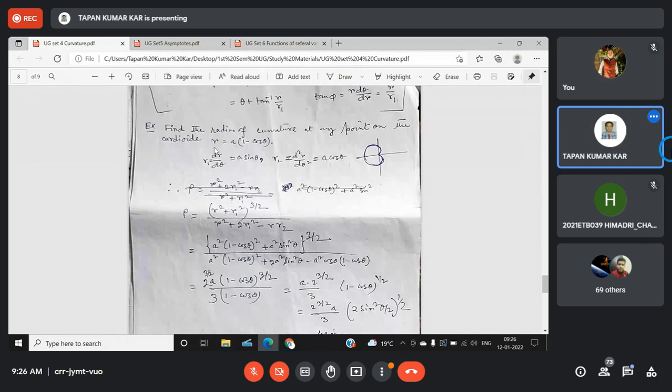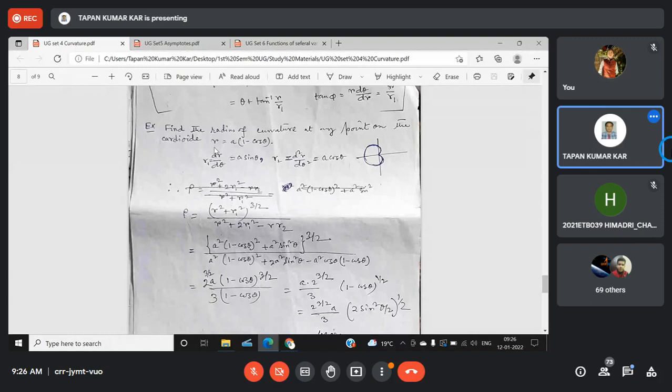Because we are not tracing the curve, there is some method of tracing the curve from which you can draw the curve like this. But I have just given here the cardioid. It looks like this. Anyway, the curve is given in polar coordinates. The equation of the curve is given in polar coordinates.